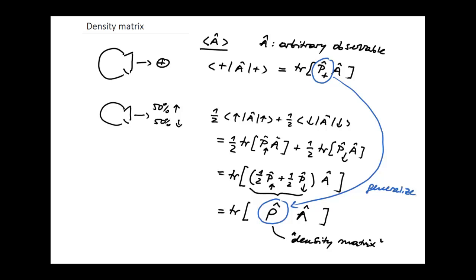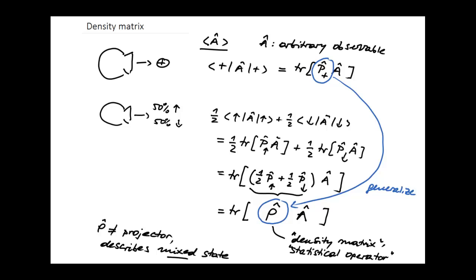The density matrix is also known under a different name. It's also sometimes called the statistical operator. And what's important is that it's different from a projector. So rho is different from a projector, and it describes a mixed state.